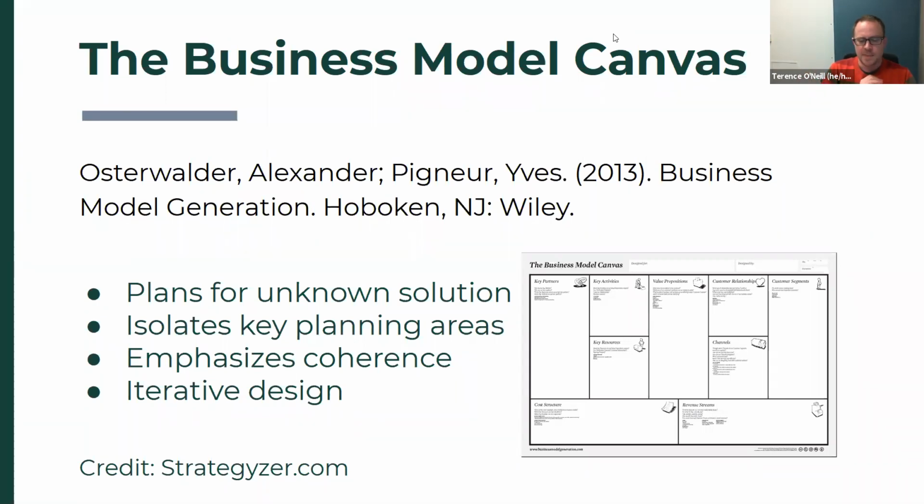And in many cases, we encourage using the BMC or using the sustainability canvas in an iterative way, so that you're writing down your assumptions, you're writing down your first thoughts on how to approach this venture, but that as you learn more about the situation, as you talk to potential partners, you're scratching things out and updating it. So it's meant to be a sort of low cost, low barrier way to begin planning your idea out.